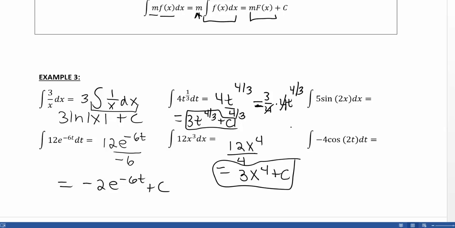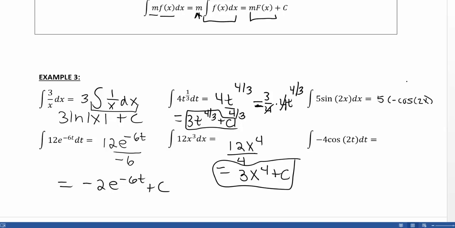The next two questions involve sine and cosine. So we just have to be a little bit careful about when the negative comes about. So with sine, right, the antiderivative of sine is negative cosine. So that means when I take the antiderivative, I have 5 times negative cosine of 2x.